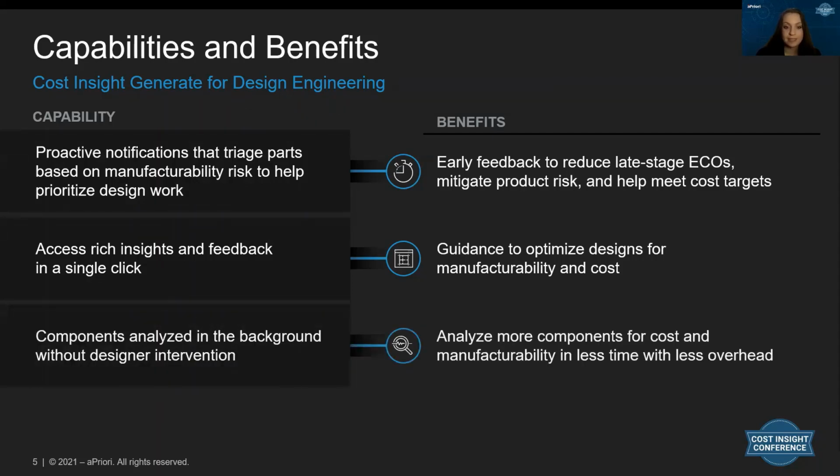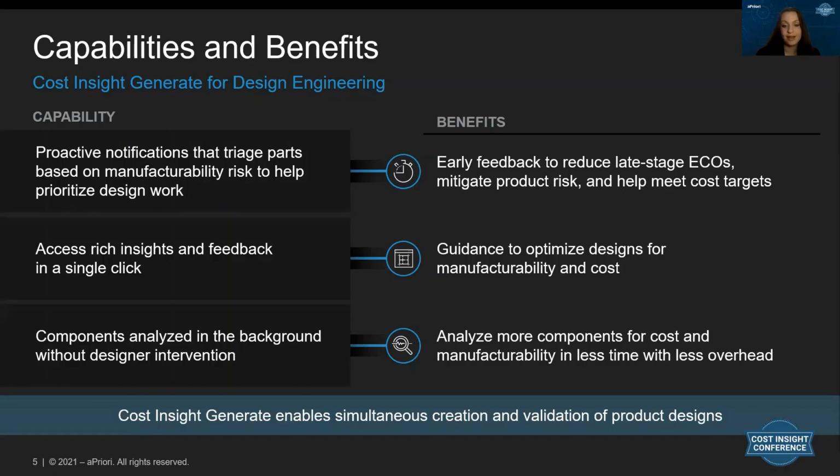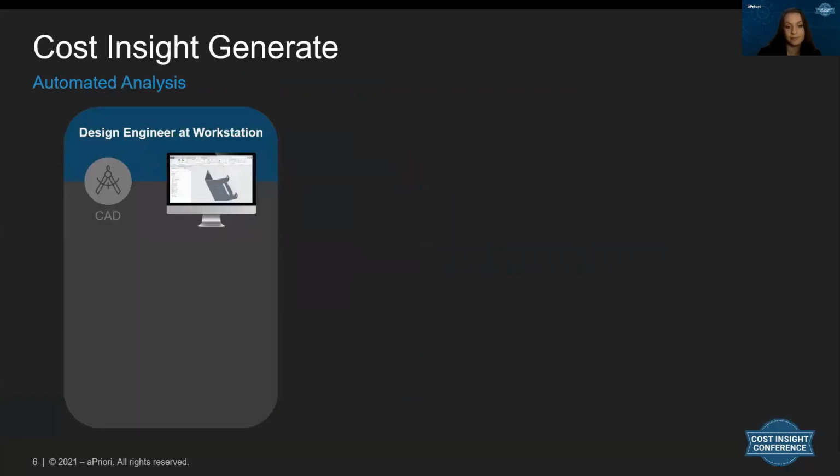The feedback, insights, guidance, and notifications that I just referenced are generated through automated analysis, and that means higher throughput with lower overhead. Cost Insight Generate is how engineering can get the cost and manufacturability insights provided by aPriori without adding another task to their already full plate. Cost Insight Generate allows design engineers to create and validate product designs in parallel.